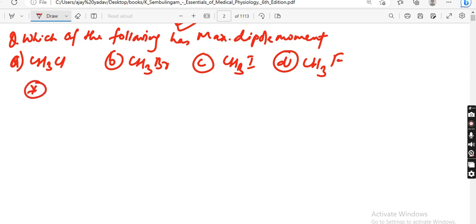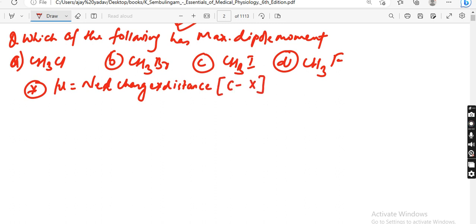So remember, dipole moment is the net charge multiplied by the distance, the distance between C and X. Look here, in terms of electronegativity, the net charge will be more in case of D. But the C-F distance is very small because F is very electronegative.